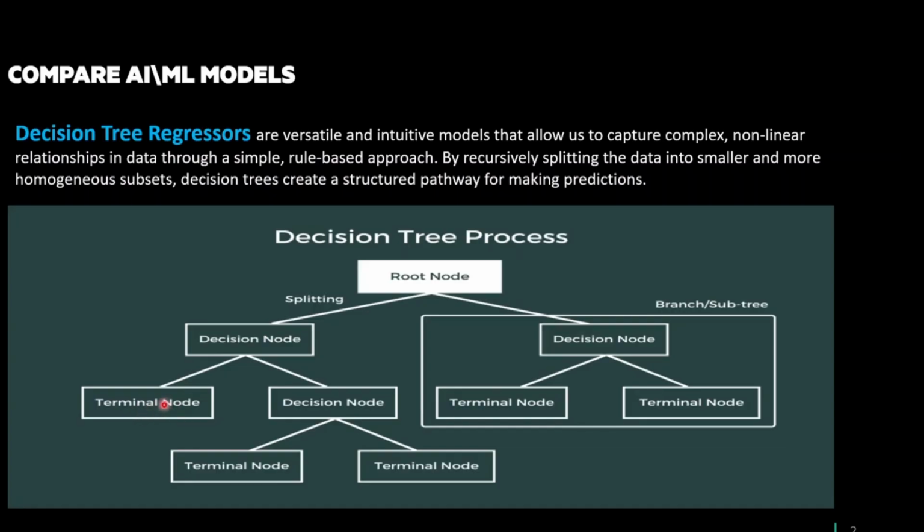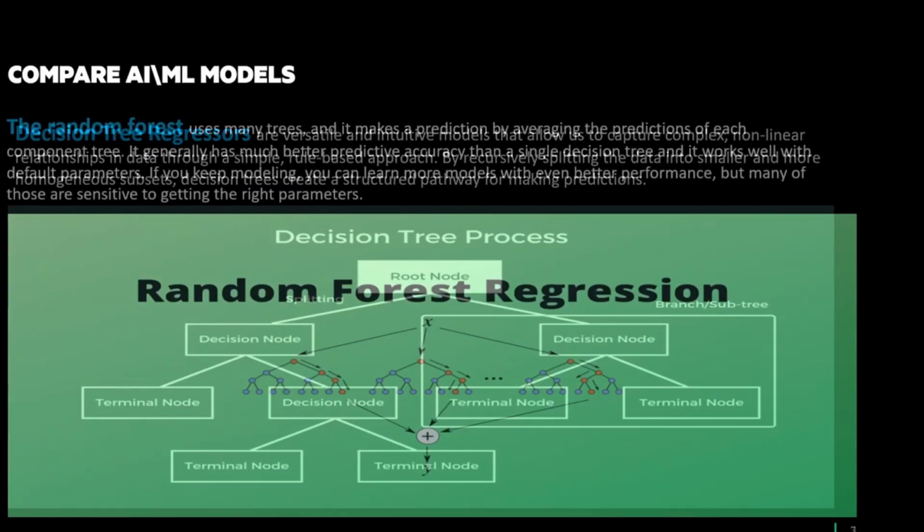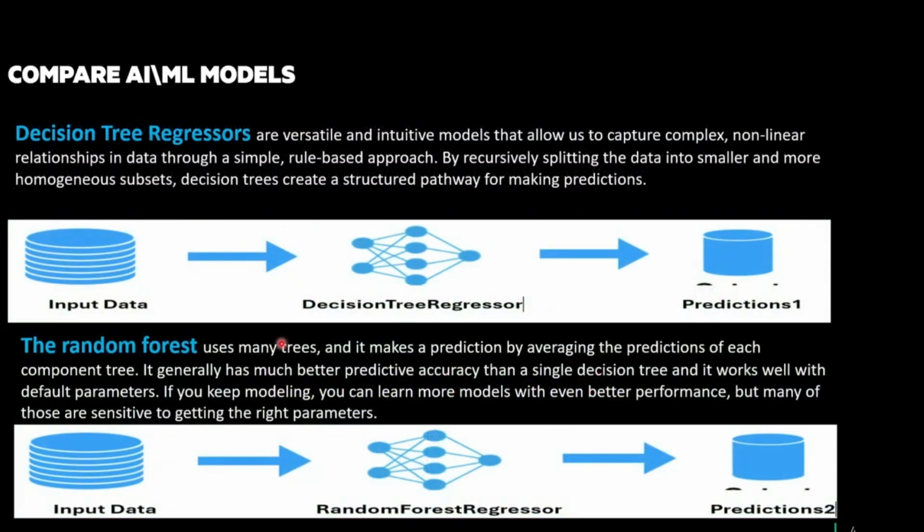To reach the prediction, we have to pass through different decision nodes and then reach the target. Whereas the random forest takes the prediction from multiple trees, and with those predictions it takes the average. So in some cases, we see that the random forest is better than decision tree regression.